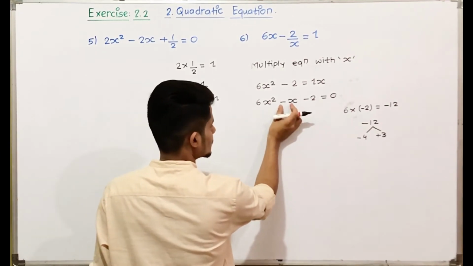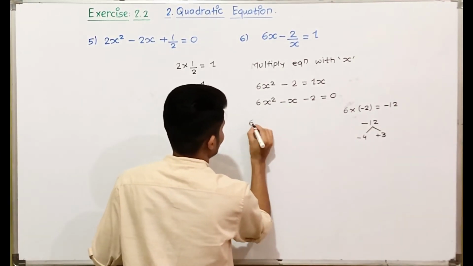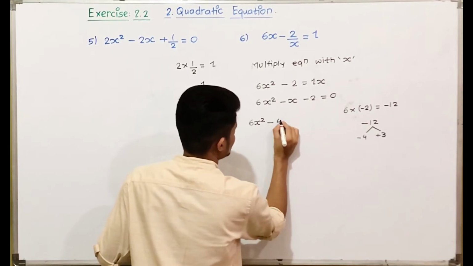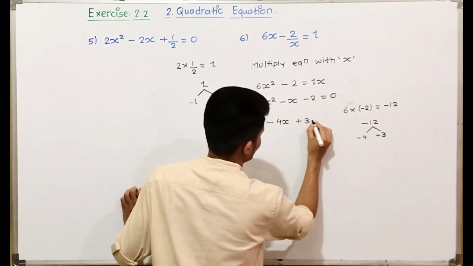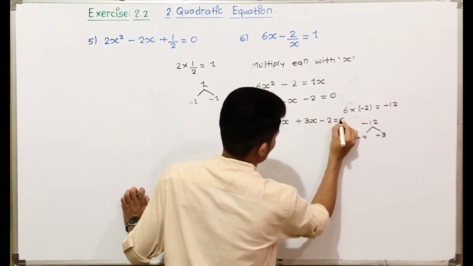So we'll replace this with these numbers, that is 6x square minus 4x plus 3x minus 2 is equals to 0.